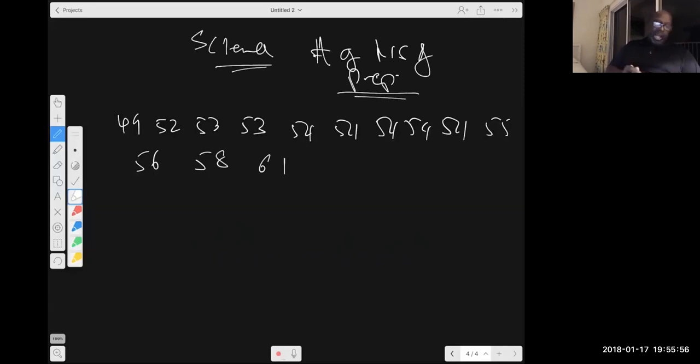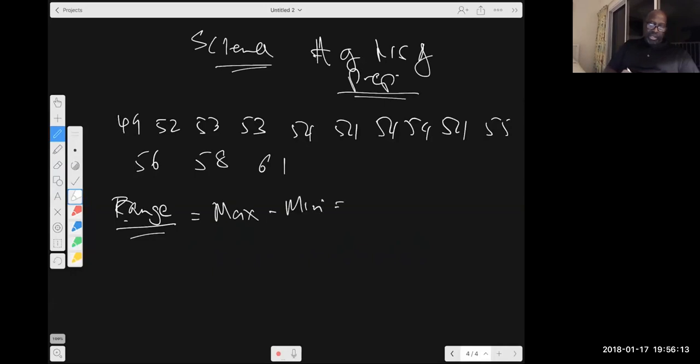So if we're interested now in measures of variability, the first one we could look at is the range. The range is just the largest minus the smallest, max minus min, which in this case is 61 minus 49.